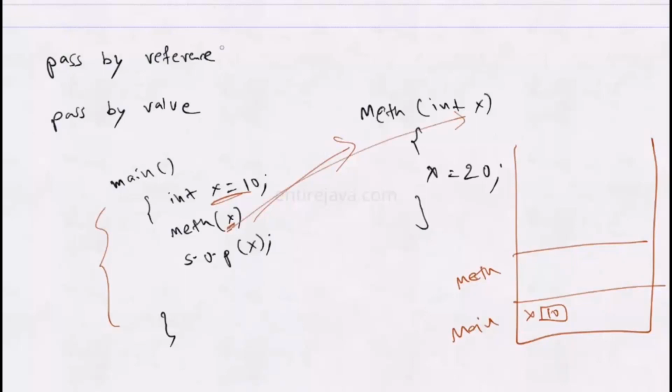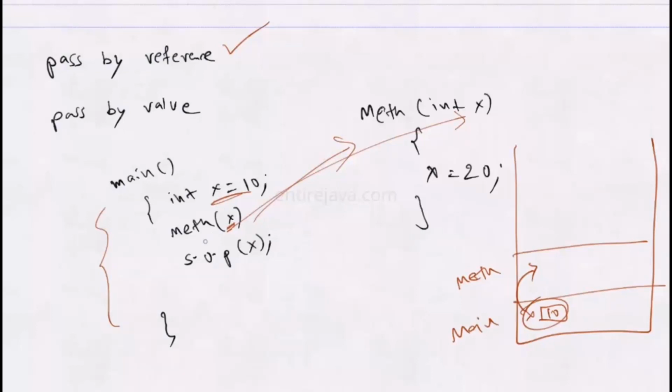If we are talking about pass by reference, then we're actually sending this value to this block. In Java, it is not supported. In Java, there is nothing called pass by reference. We only have pass by value, wherein we'll send a copy of that variable.